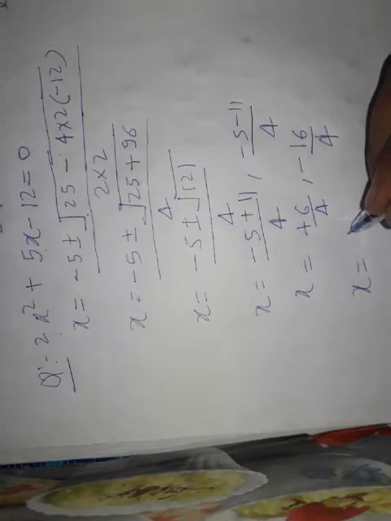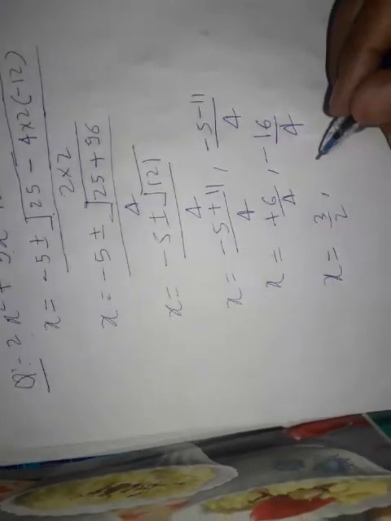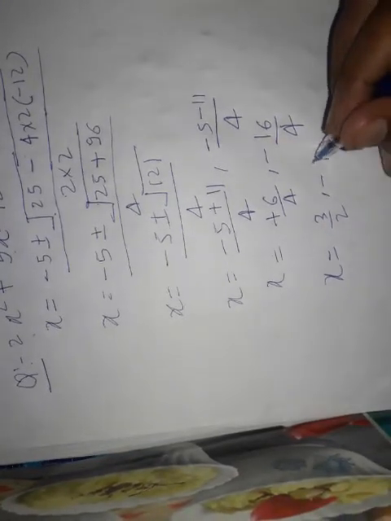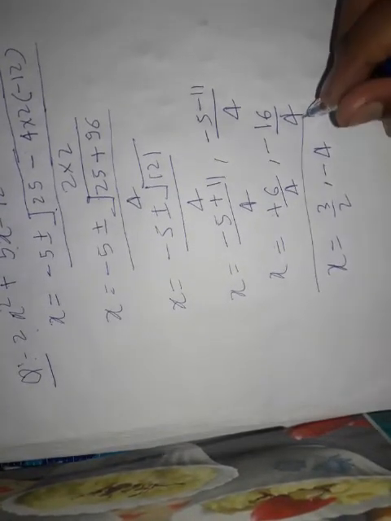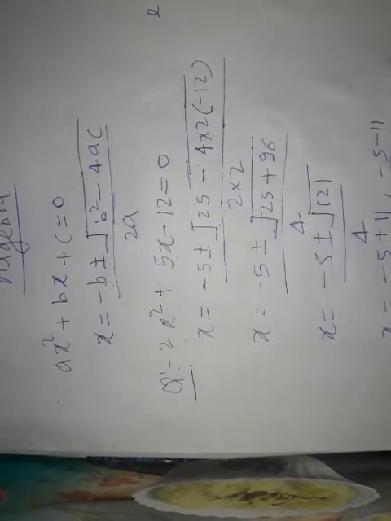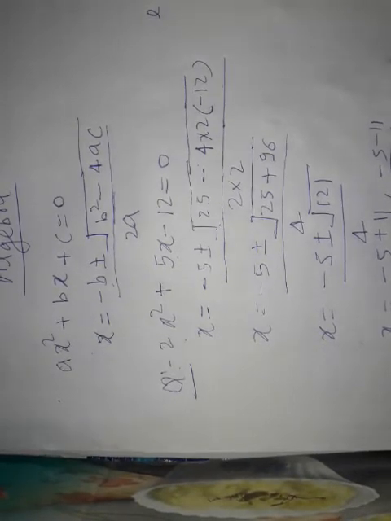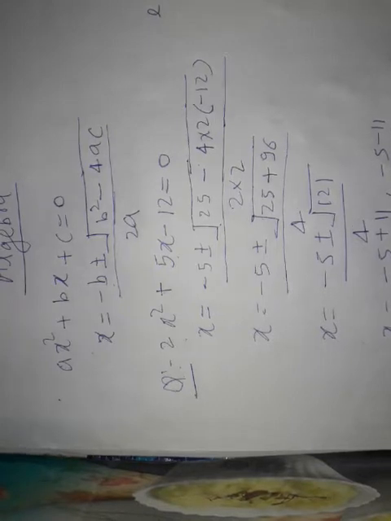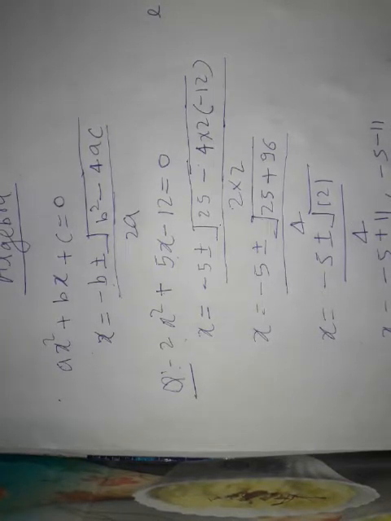After solving, we get first root is 3 by 2 and second is minus 4. These are the roots of the equation. So we can solve a quadratic equation by factorizing or by using Sridharacharya's formula.